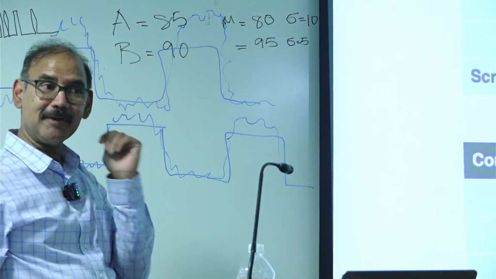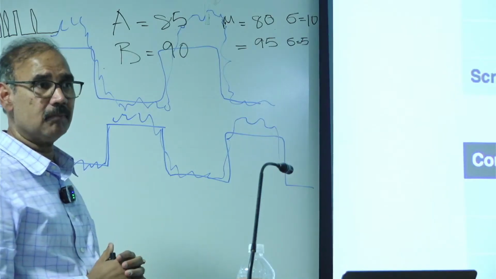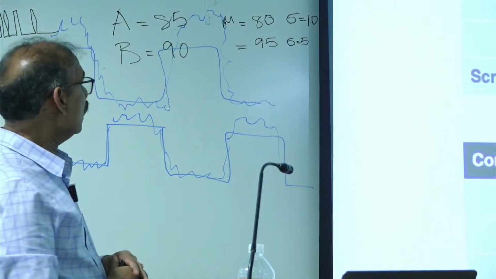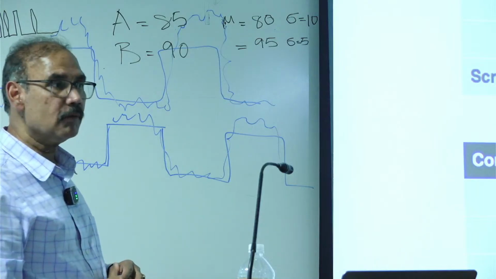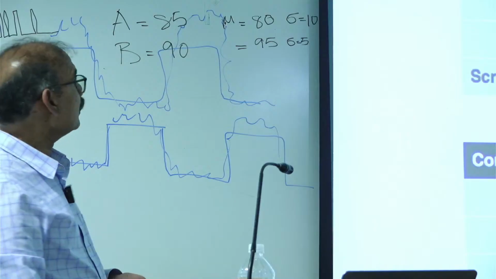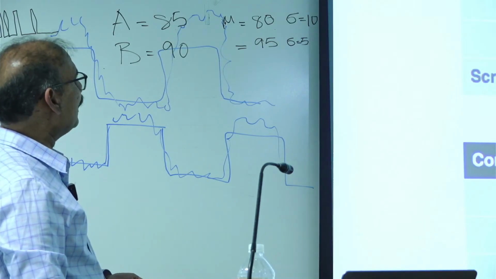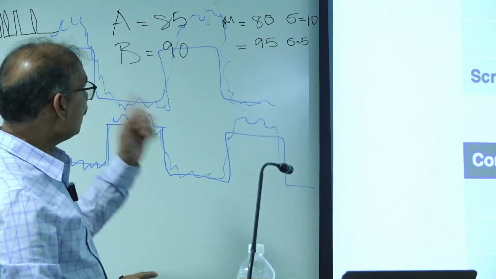Can you now tell who is a better student or who did better in the exam? Who? So the mean is 80, the variance is 10. The mean is 90.